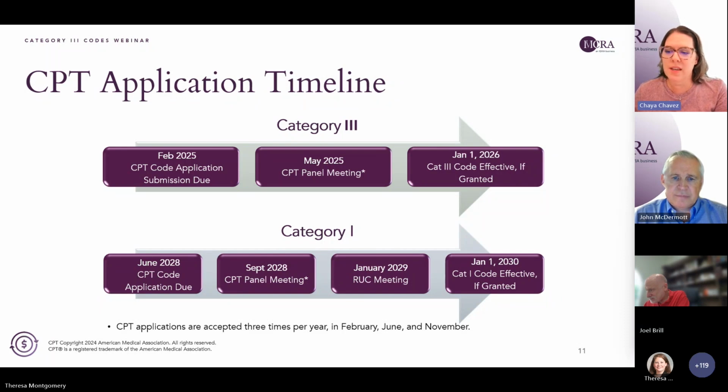It doesn't mean that they can't get paid. It just means that Medicare doesn't set that payment rate. So what you want to do is identify existing codes that are similar to the physician work or the resources, or codes that are already recognized by the payers.